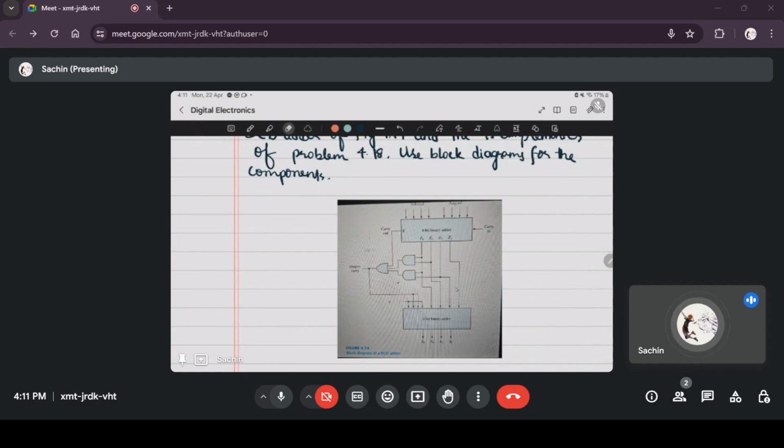So that can be done in any base system, even in decimal system. So again, similar to the binary case, you take the 9's complement and add 1 and add that number.